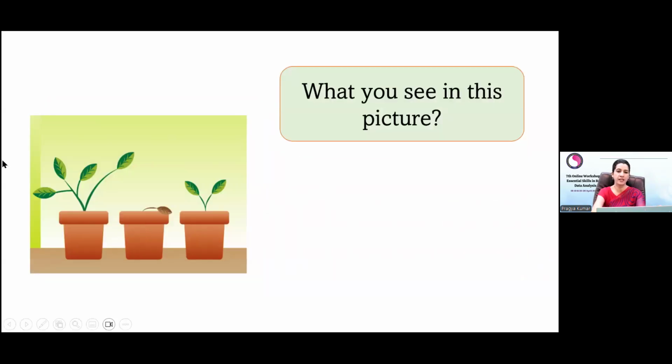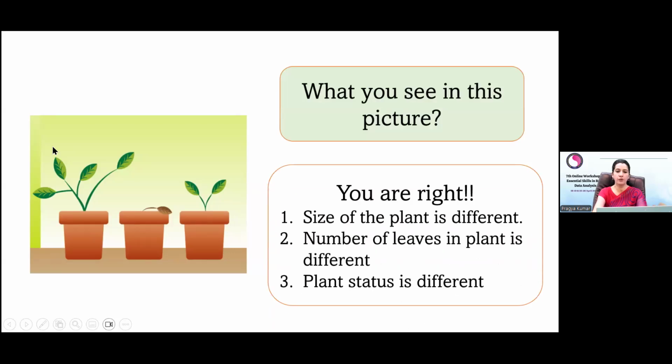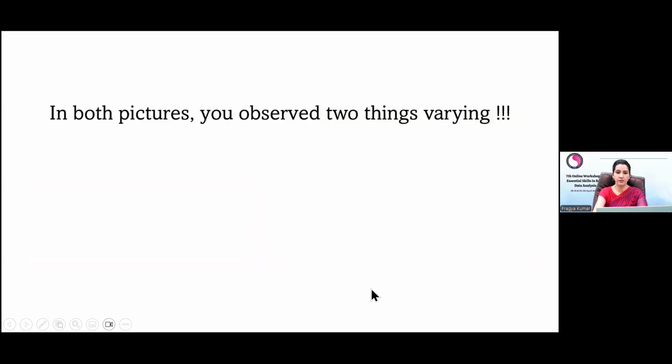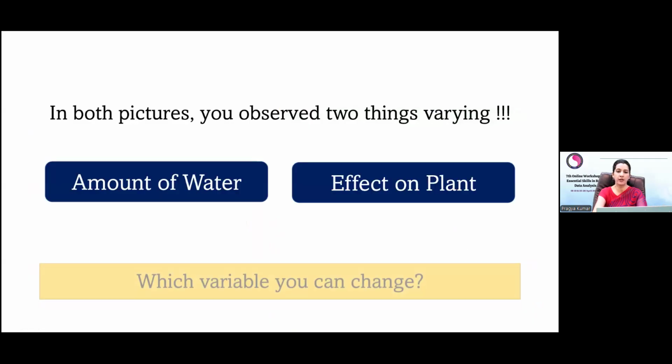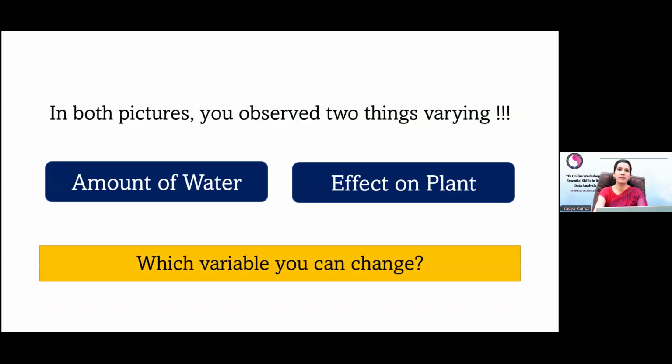In this case, let's see. The plant is dependent, right? And the amount of water is the independent variable. Here the size of the plant is different, the number of leaves is different, and the plant status is also different. So here, the amount of water and its effect on the plant. In these variables, which one can we change?